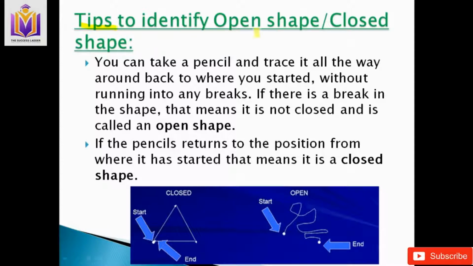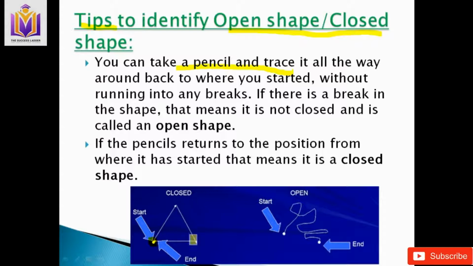Moving forward, here are some tips to identify open shapes and closed shapes. Let us see how we can identify that. For that you have to take a pencil and trace it all the way around. For example, if you keep your pencil at the starting point, I'm focusing on the figure given below.